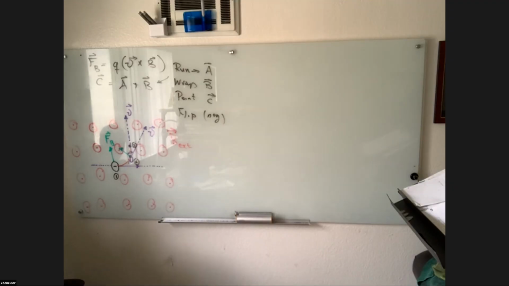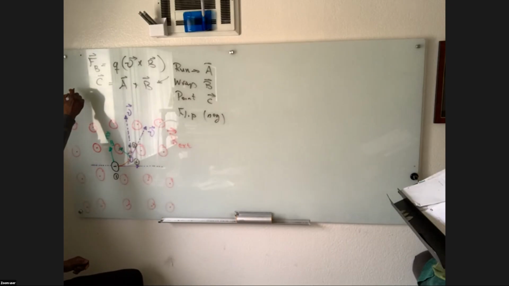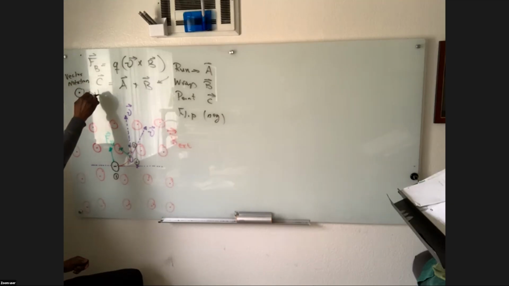It may be a little bit uncomfortable thinking on the spot here. I know that's difficult. I'm with you, but I'm also trying to give a little tough love here. So this is when you have a vector notation. We did that before. When you have a circle and a dot, that means that the vector is pointing out.